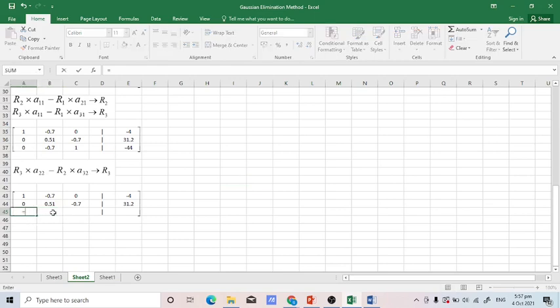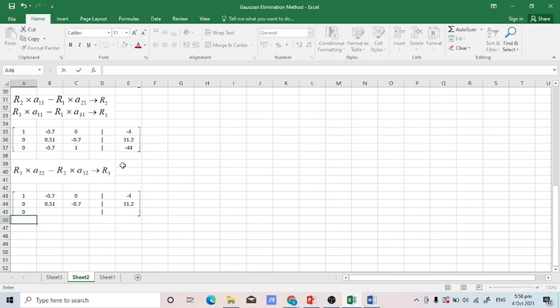So, 0 times 0 times A22, 0.51 minus R2 first element 0 times A32, ayun, negative 0.7. Enter. Diba?